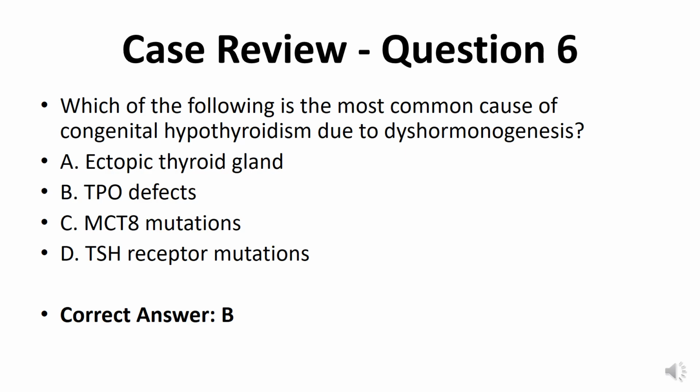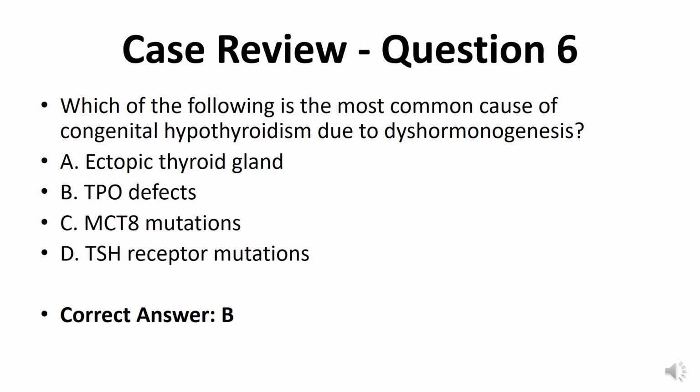Now let's briefly review the incorrect options. Option A, ectopic thyroid gland, is actually a form of thyroid dysgenesis rather than dyshormonogenesis. It involves abnormal thyroid gland location, not a hormone synthesis enzyme defect.